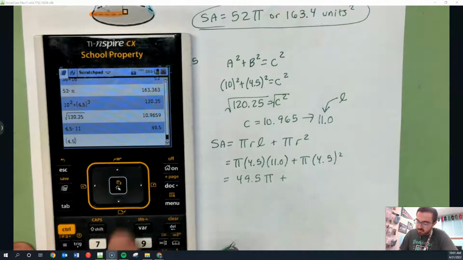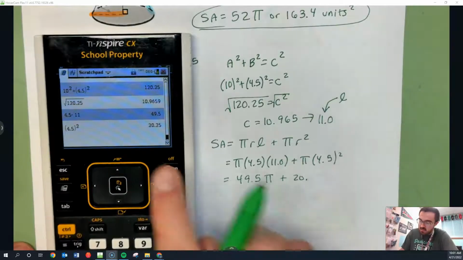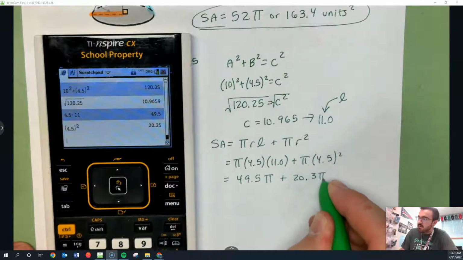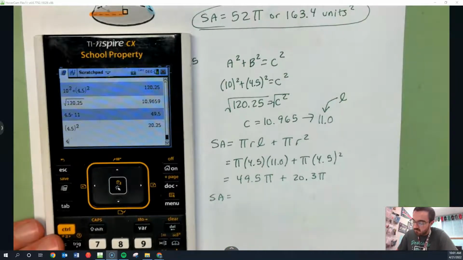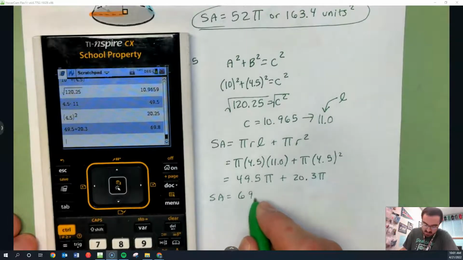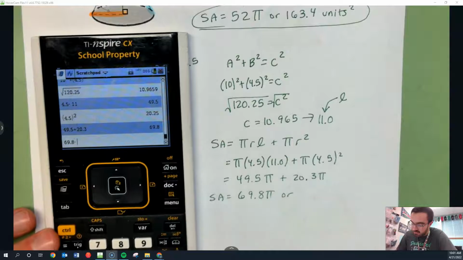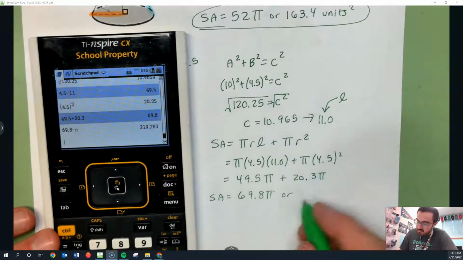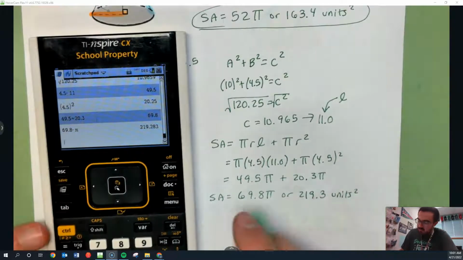Plus 4.5 squared, I'd get 20.3 pi, rounding to the nearest tenth. And then surface area is going to equal 49.5 plus 20.3. I get 69.8 pi, or 69.8 times pi. Let's call it 219.3 units squared.